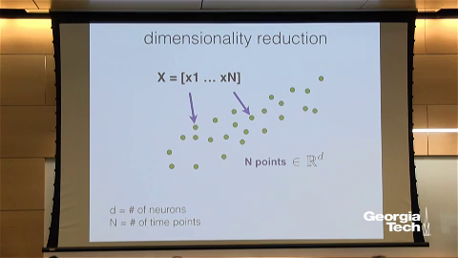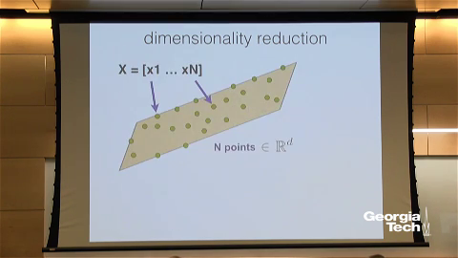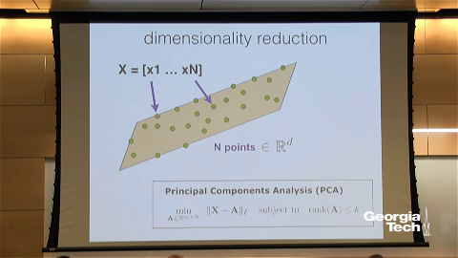One of the most common ways that we go about forming a model for these structures is using linear models. The idea behind principal components analysis, which many of us are familiar with, is fitting a linear subspace or structure to this collection of data in this high-dimensional space.